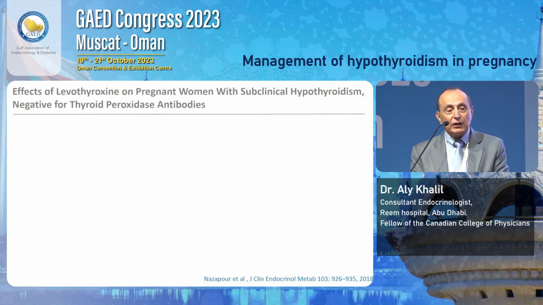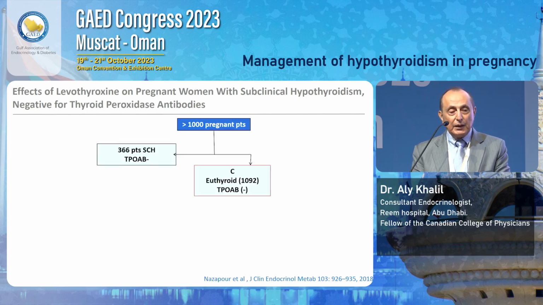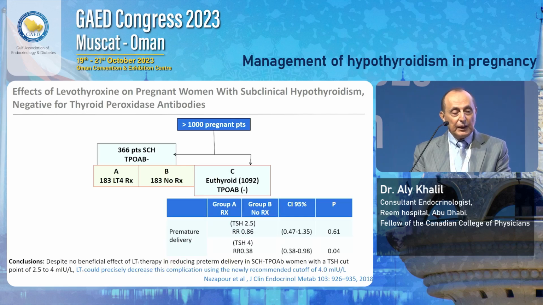And she looked at the effect of antibodies, and again, one group treated with LT4, the other one not treated with T4. I have to go a little bit fast for the sake of time. Again, she found no beneficial effect of LT4 in reducing preterm delivery in subclinical hypothyroid antibody positive women with the TSH cutoff of 2.5 to 4, but when the upper limit was 4, that was again positive.